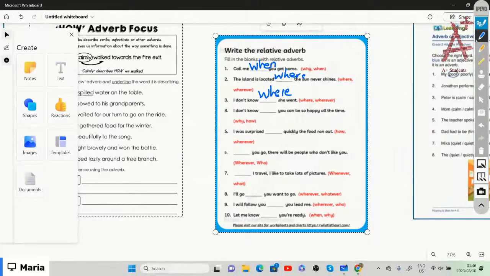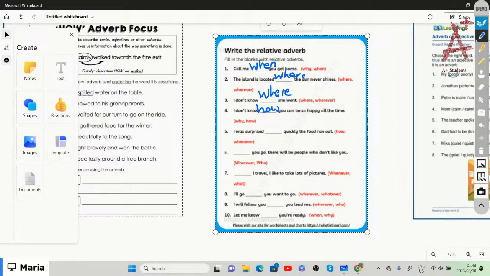So we need to choose the correct one. I don't know how you can be so happy all the time, right? So we need to choose one of those.